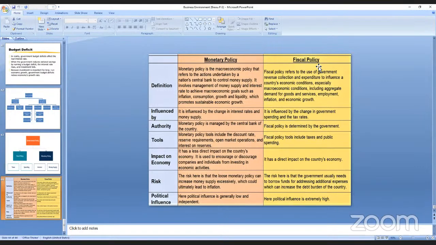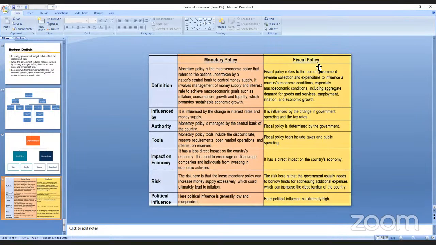Monetary policy is influenced by changes in interest rates and money supply. But fiscal policy is influenced by changes in government spending and tax rates, that is, whatever amount is spent by the government and what the tax rate is.